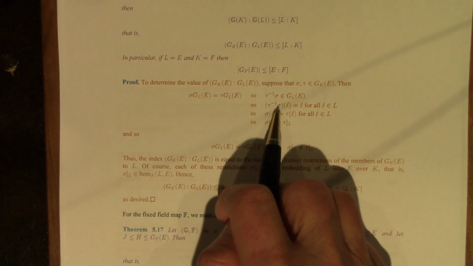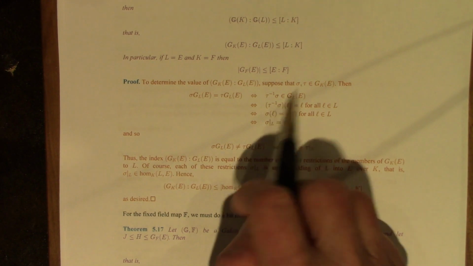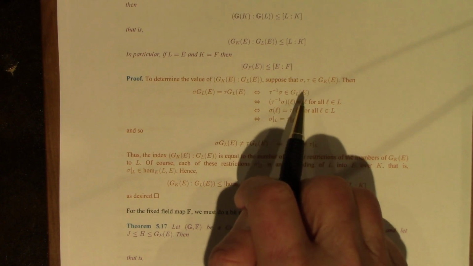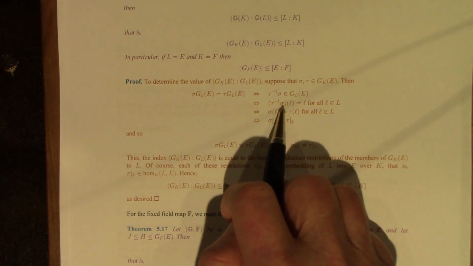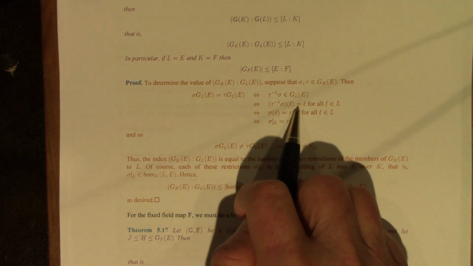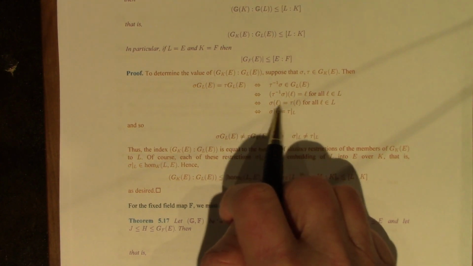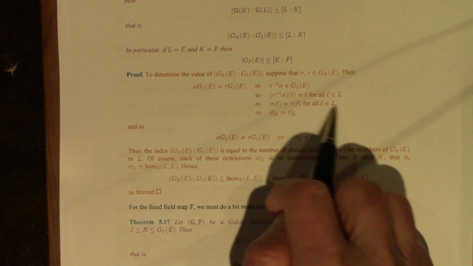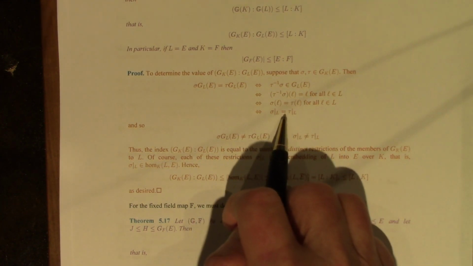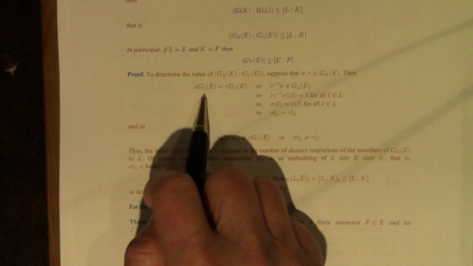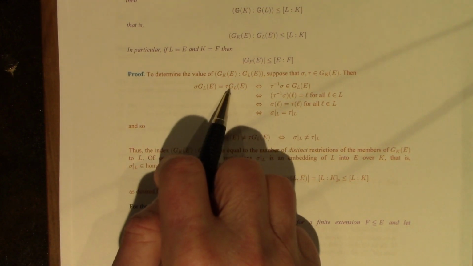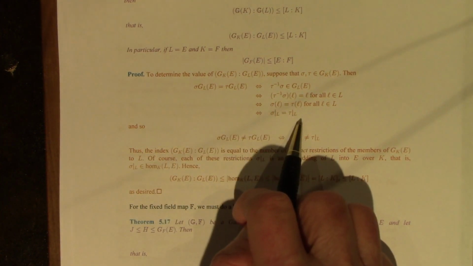And τ⁻¹σ is an automorphism of E, so to be in here is equivalent to saying that τ⁻¹σ fixes all the elements of L. And we can write that as σ(l) equals τ(l) for all l in capital L. Or in other words, σ restricted to L is equal to τ restricted to L. So these two cosets are equal if and only if the restrictions of their representatives to L are the same.